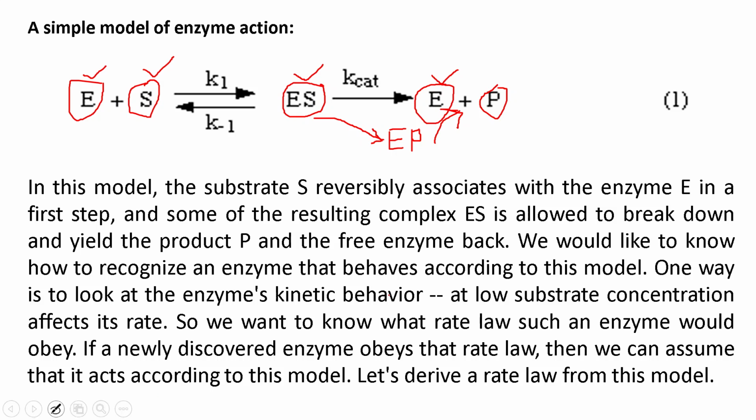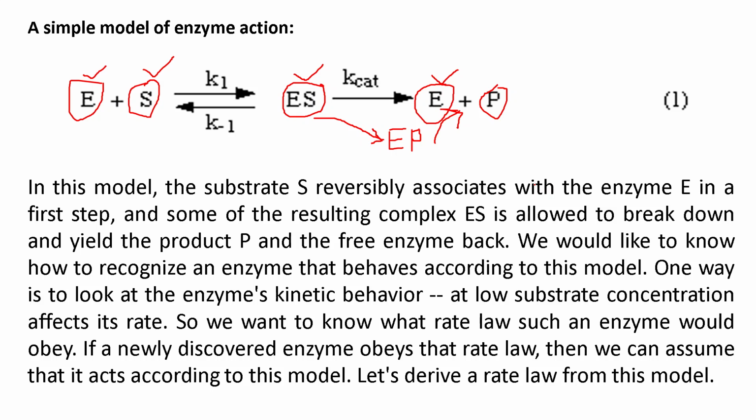So we want to know what rate law such an enzyme would obey. You understand? When we have an enzyme reaction, we are trying to look at what happens to the rate of reaction when the substrate is low. And whatever we see in this rate of reaction will show us how this enzyme behaves.